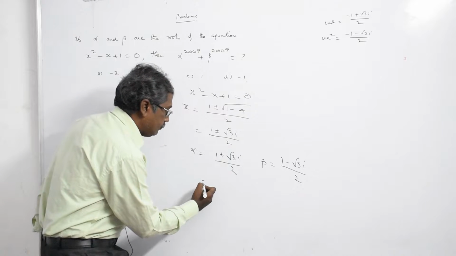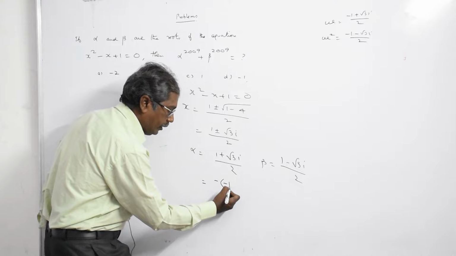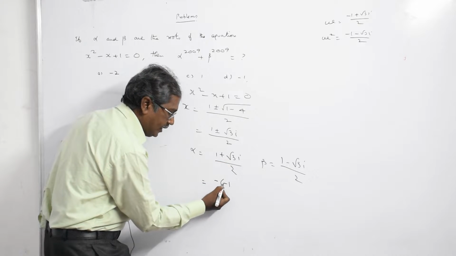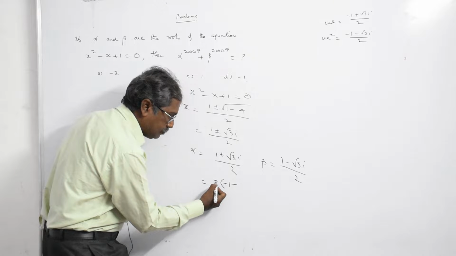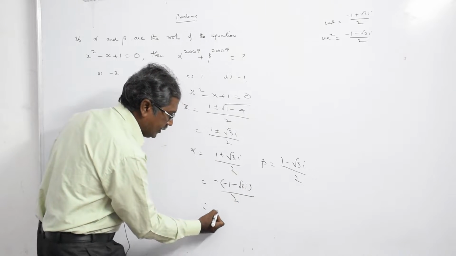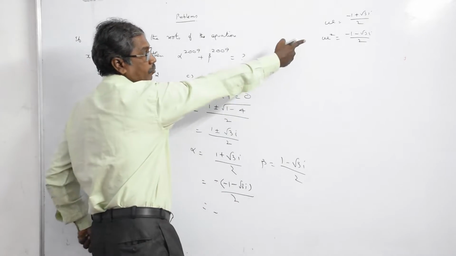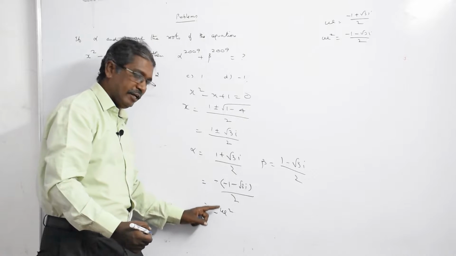So first of all, I take this value, take minus outside, put this minus here, minus 1. Here it is minus, minus into minus becomes plus. And put one more minus, minus into minus becomes plus again. This will become root 3i by 2. See this minus, what is this actually? Omega square. Now I have changed the entire value: alpha becomes omega square.